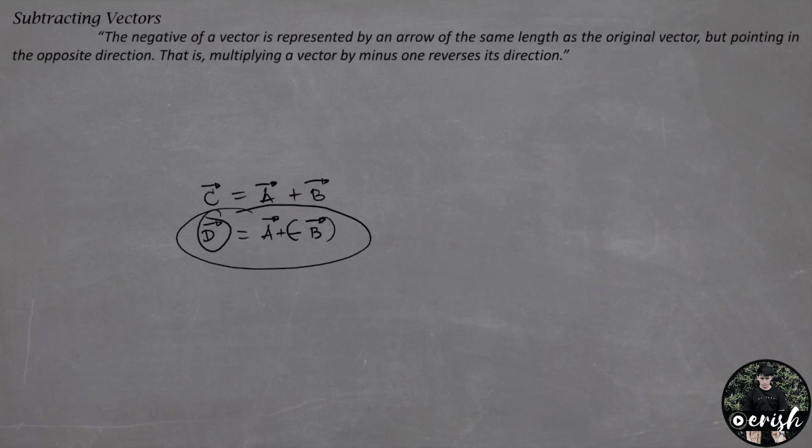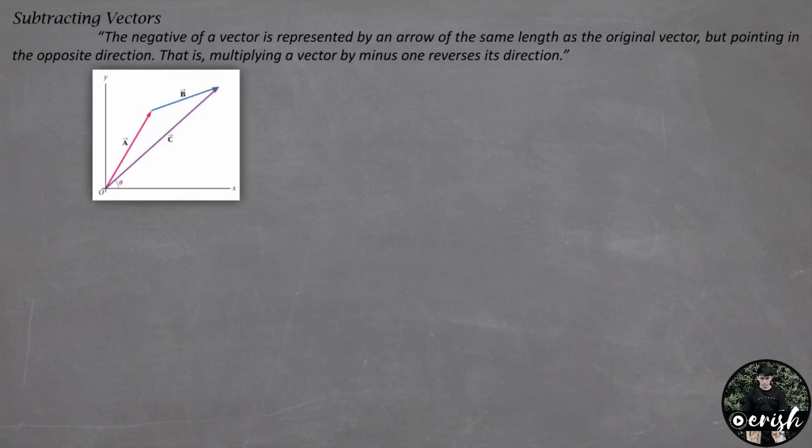The negative of a vector is represented by an arrow of the same length as the original vector but pointing in the opposite direction. If we use the graphical method, we just reverse that vector. That is, multiplying a vector by -1 reverses its direction. When we make it negative, the direction changes but the magnitude stays the same.